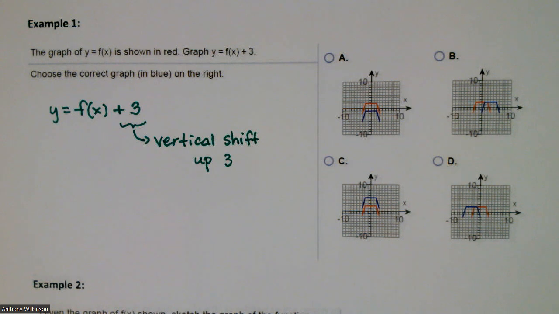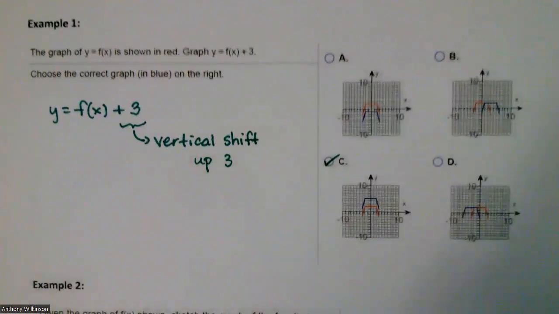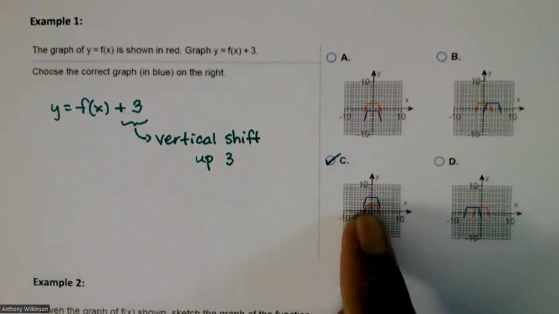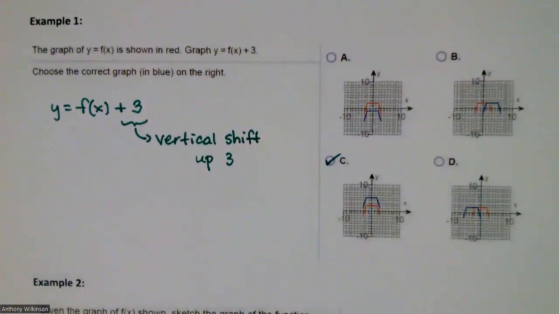Okay, so the blue graph, in this case, had to be shifted up 3 places. And in this case, you're going to choose which one is that transformation, where the blue graph is shifted up 3 places. If you look at it, it's going to be graph C, because notice, here's the graph that's in red. That's the graph of y equals f of x. Notice the blue graph has shifted up 3 places. So it has to be graph C.